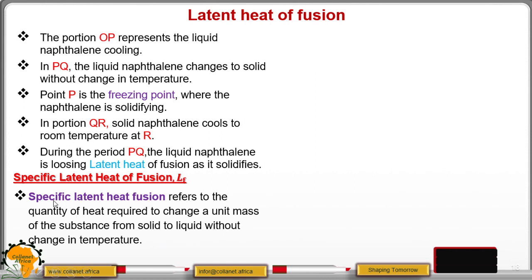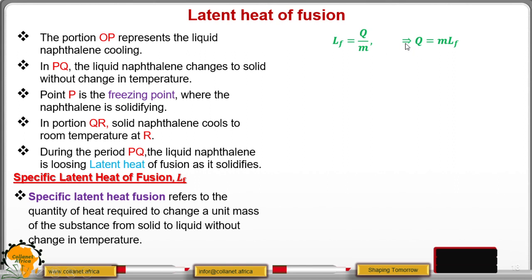So when we talk of specific latent heat of fusion, it is that energy, but it is changing a unit mass from solid to liquid without change in temperature, which implies that the specific latent heat of fusion is given by the amount of energy supplied divided by the mass.